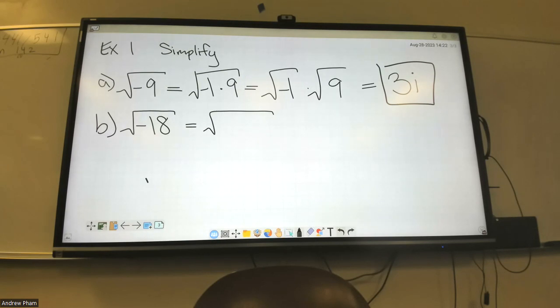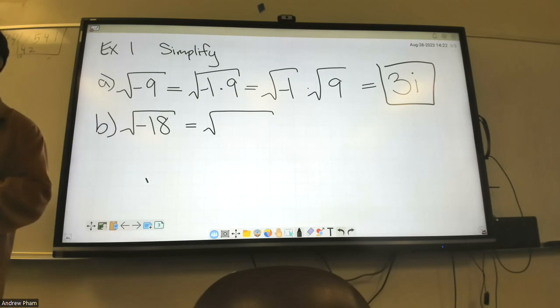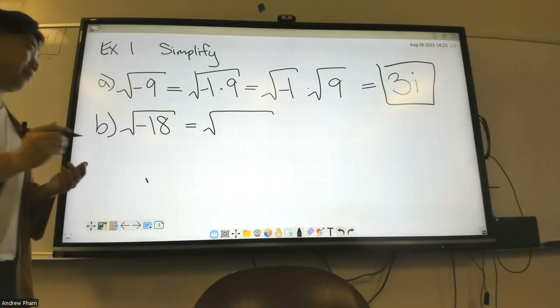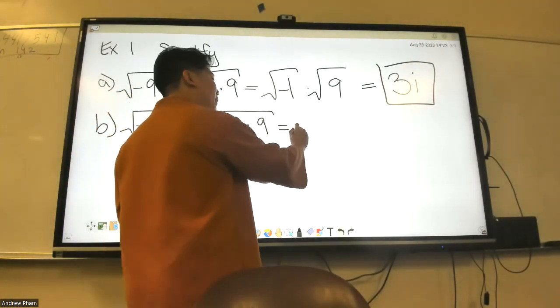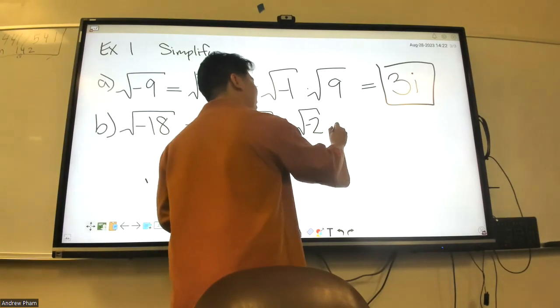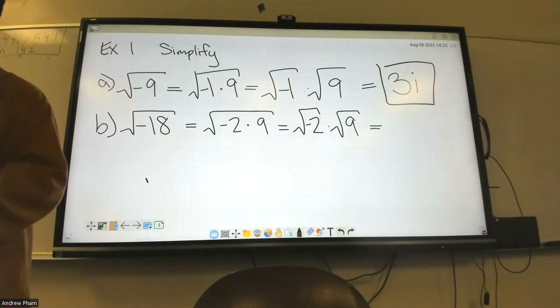So I'm hearing different answers. So we're going to do it both ways just to show y'all that really it's the same thing one way or another. So one way you can break down negative 18 is, well, negative 2 and 9, right? And if you do it this way, you get square root of negative 2 times square root of 9.